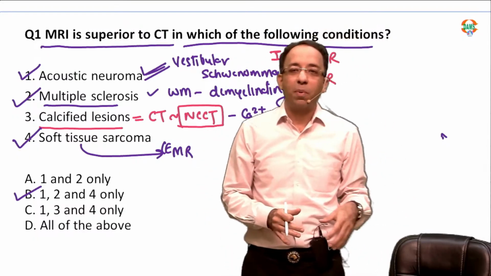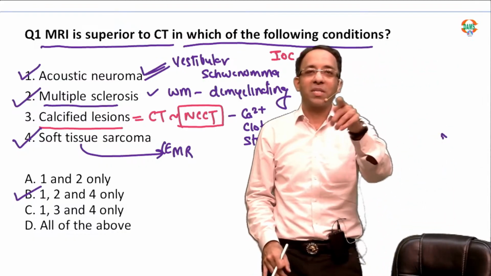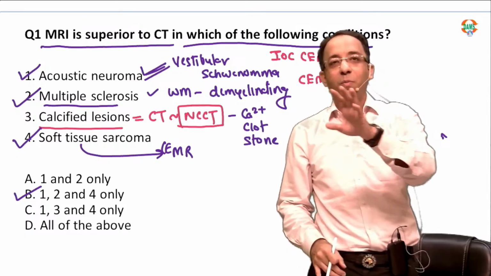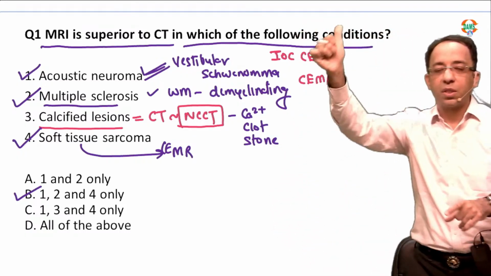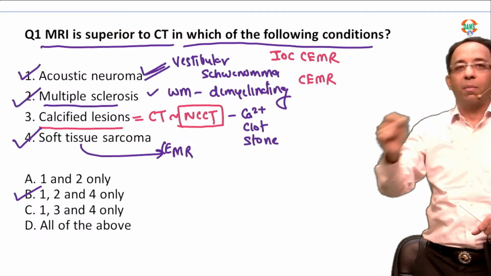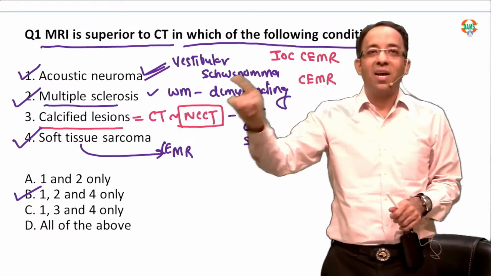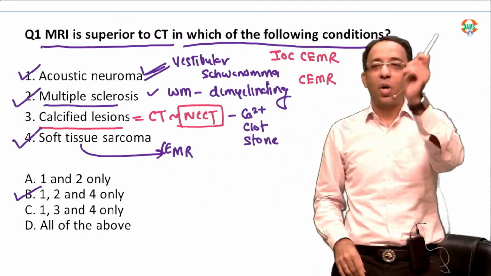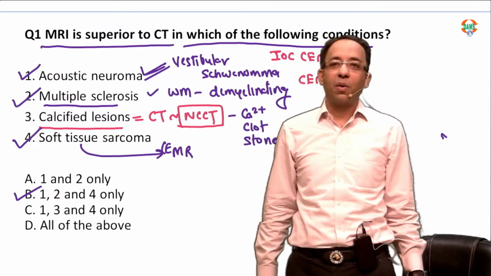Tell me, in multiple sclerosis, the findings are disseminated in, anyone? Space and time. Disseminated in space and time. So always remember these things. Inflammatory lesions, give contrast. Calcium, non-contrast. Brain hemorrhage, non-contrast. Head injury, NCCT. Are you clear with this or not? Yes. So I am super happy with the answers that you're giving in the chat box.